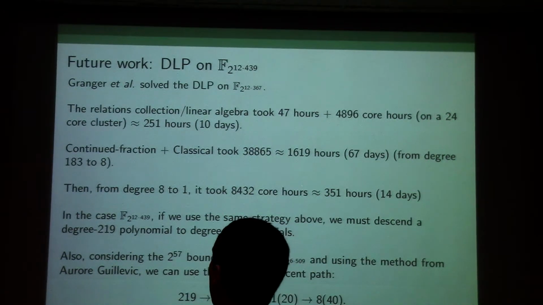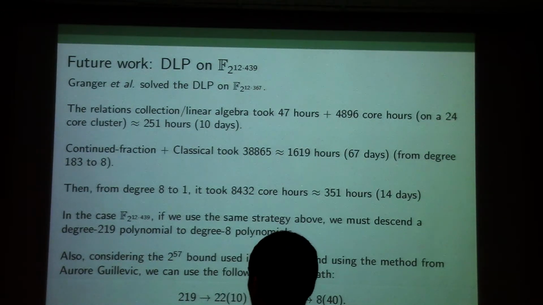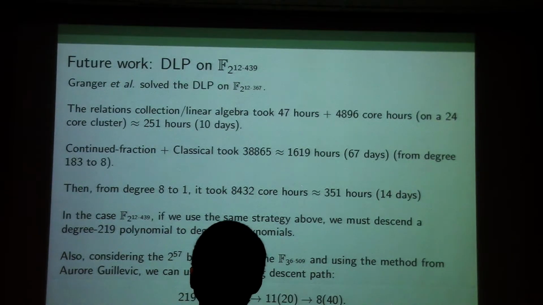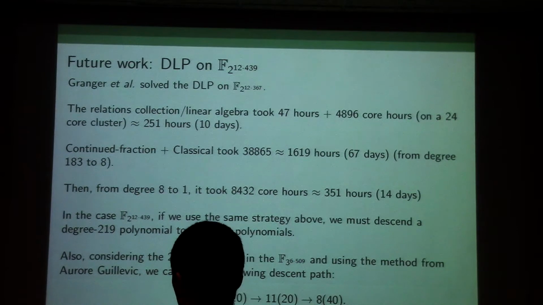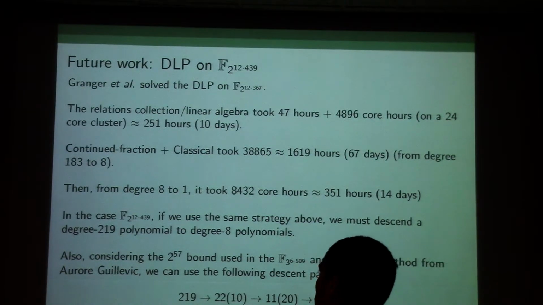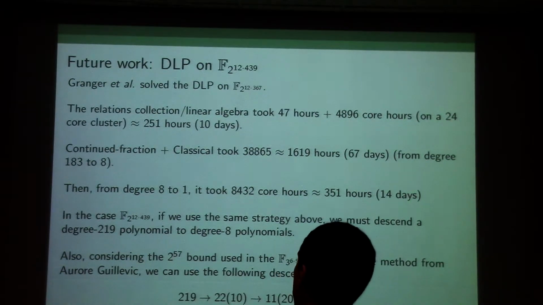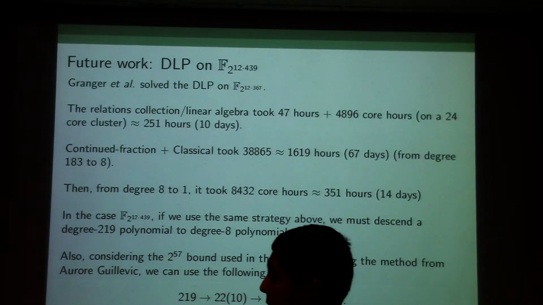So let's imagine that we have just the 24-core cluster as they had for this example. So we could do the relation collection and linear algebra in 10 days, I'm supposing. And then we have the continued fractions and classical descent. They descended from 368 to degree 8.